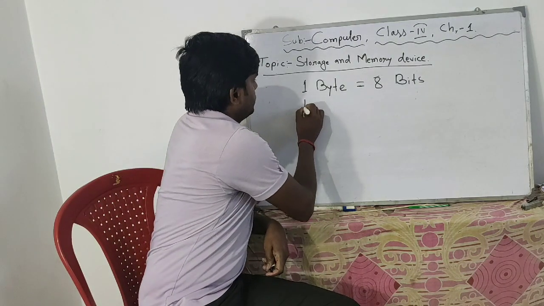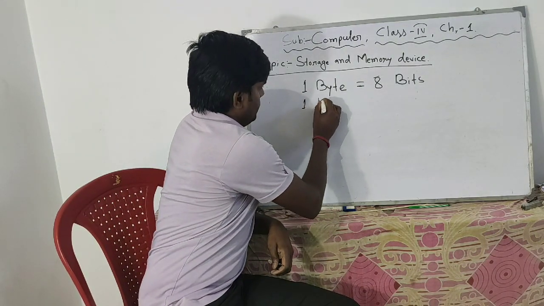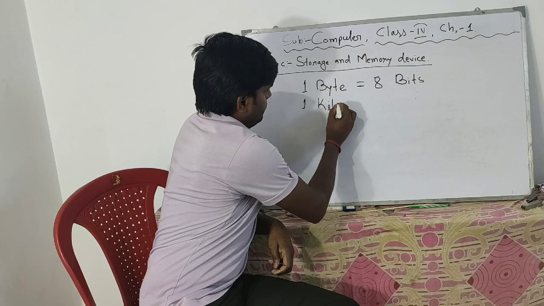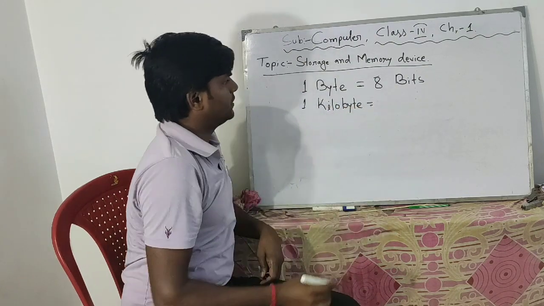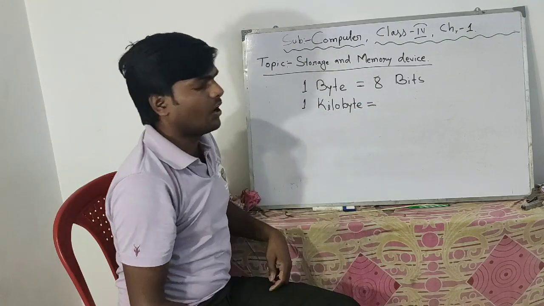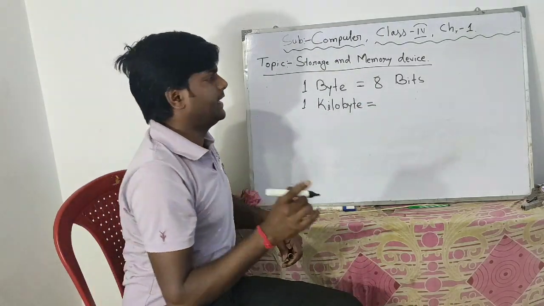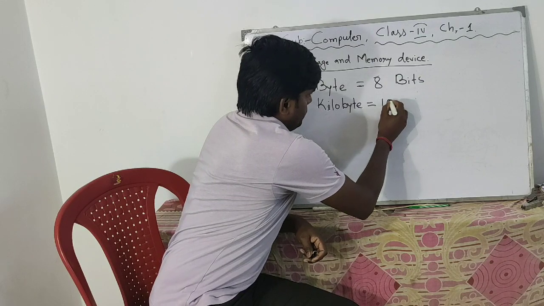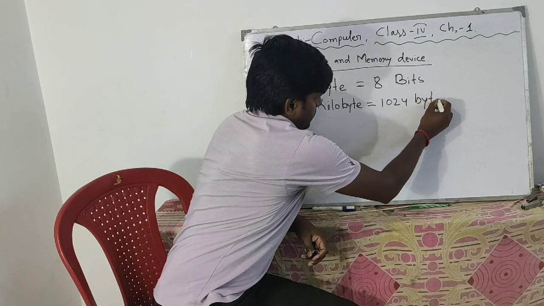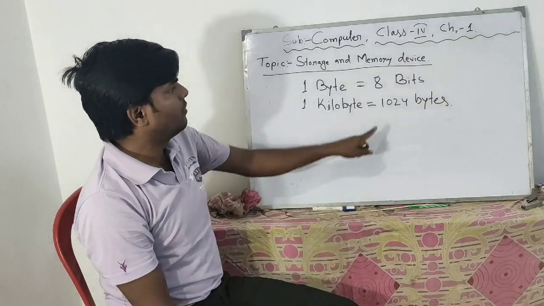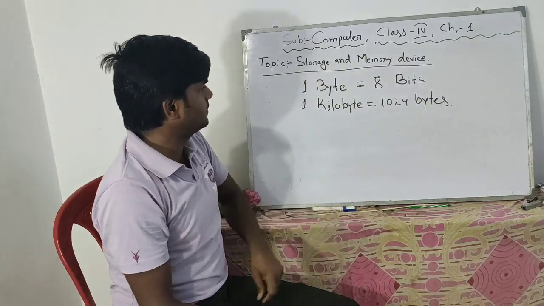1 kilobyte equal to 1024 bytes. Okay, 1024 bytes.